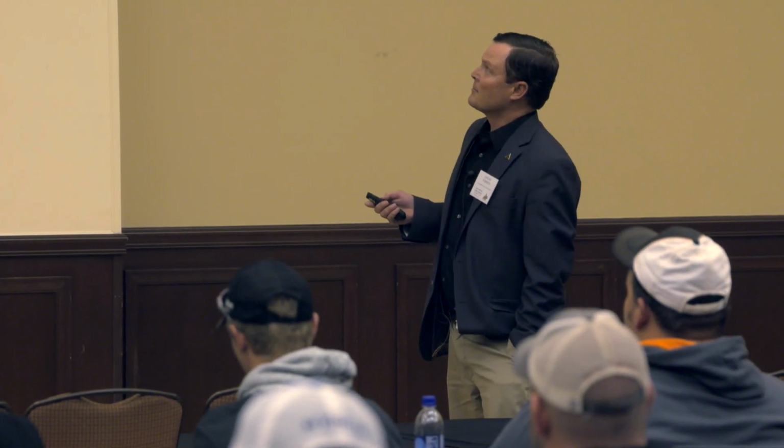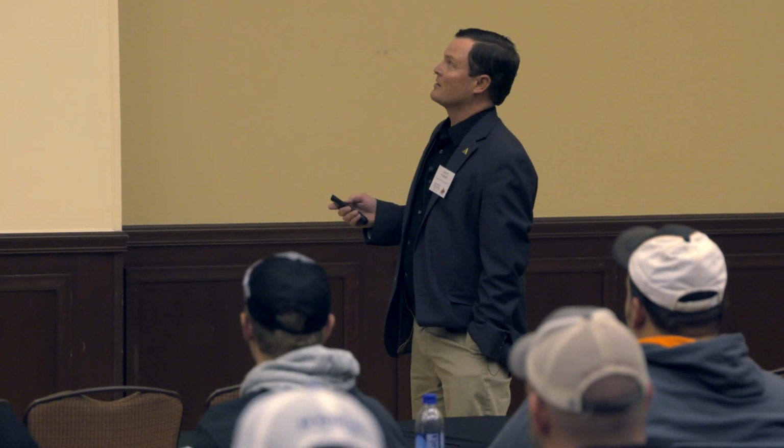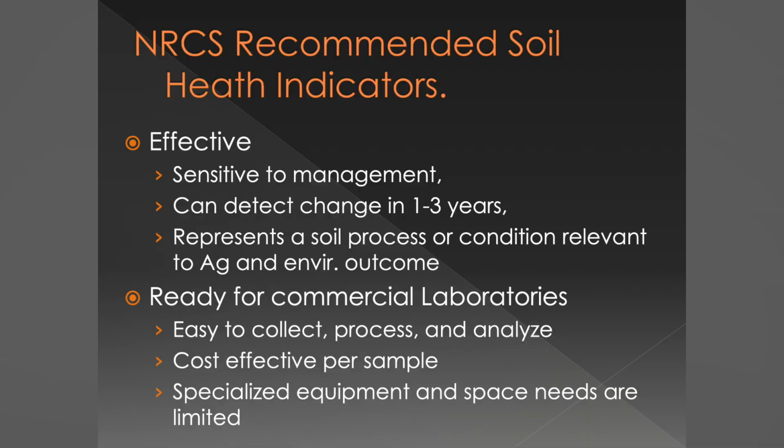Same thing goes for other analytical protocols we do for soil analysis, whether it's nutrients or pH or salinity. But they need to be effective variables that are sensitive to our management strategies, whether it's looking at no-till versus conventional till, or no-till rotations versus monocultures and things like that.